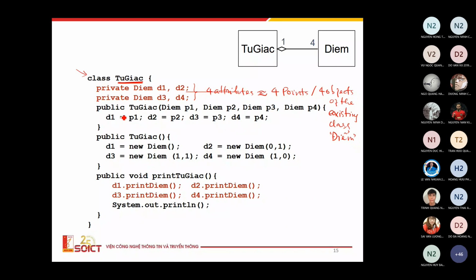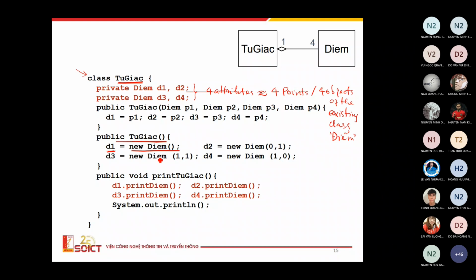Okay, and let's check the constructor. In this constructor, you will initialize the attributes. For example, for D1, you will create it as a new object of the class điểm.